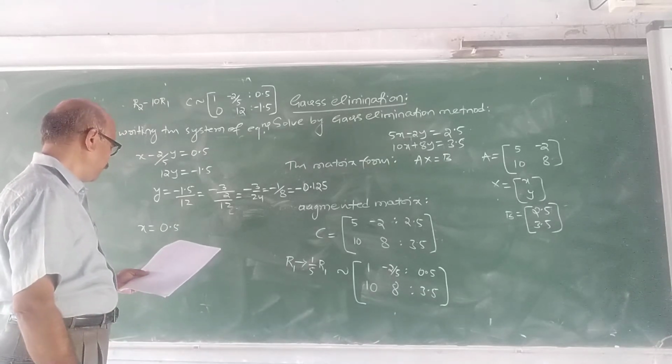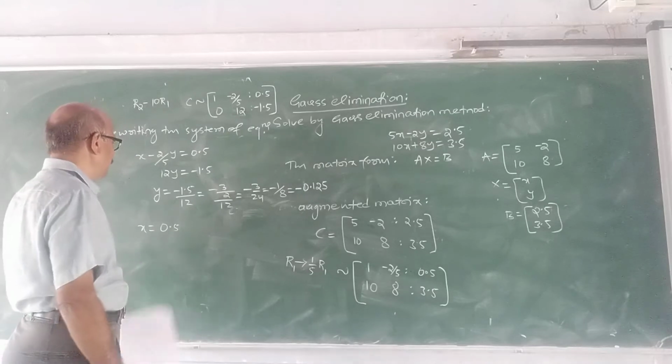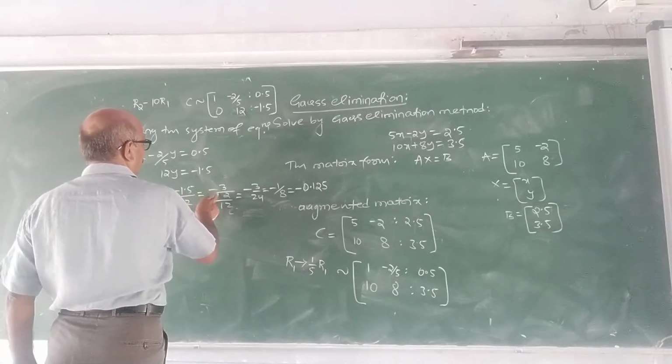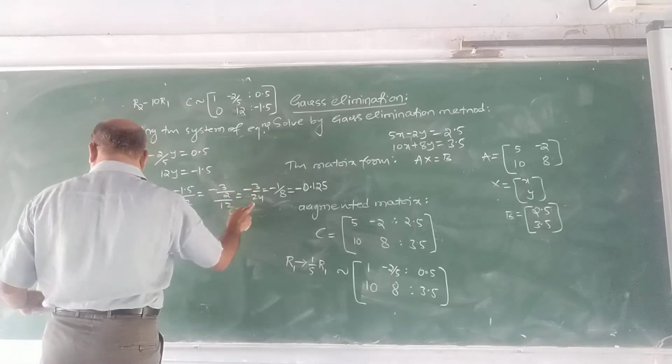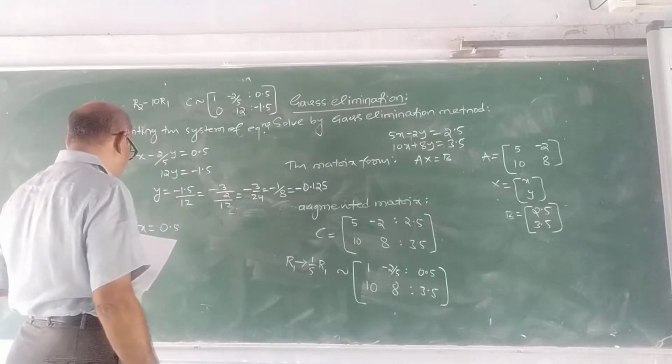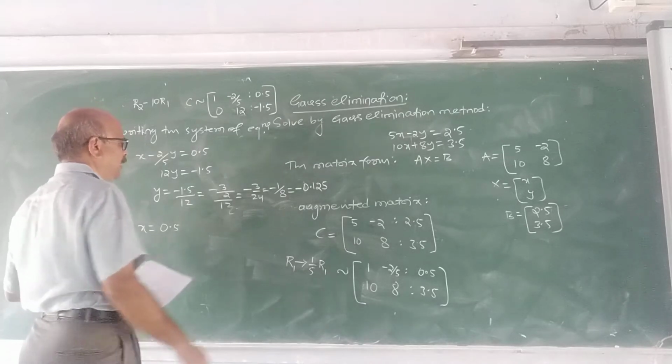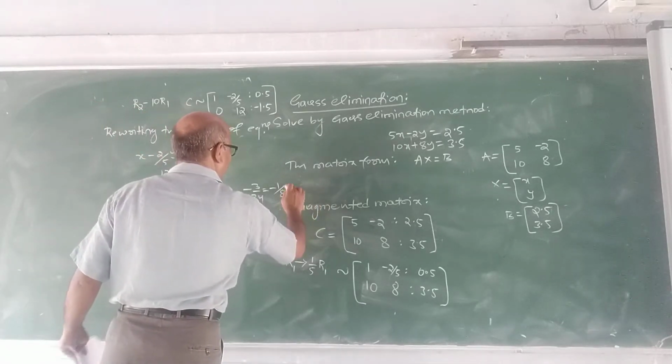Is it correct? Let me check the value of y. Minus 1.5 is minus 3 by 2, divided by 12, so minus 3 by 24, and minus 3 by 24 is minus 1 by 8.